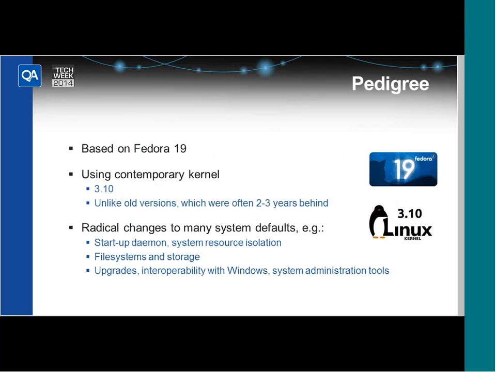With Red Hat, we kind of got used to the idea that both the kernel and the platform, the operating system and the applications, were sometimes several years behind the leaders. As it is, Red Hat 7 is going to be a lot more contemporary and up-to-date. So first of all, they based it on Fedora 19. I'm not entirely sure, but I think Fedora is running on 20, so that is as new as it gets.